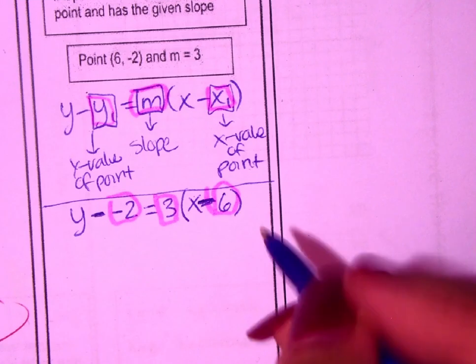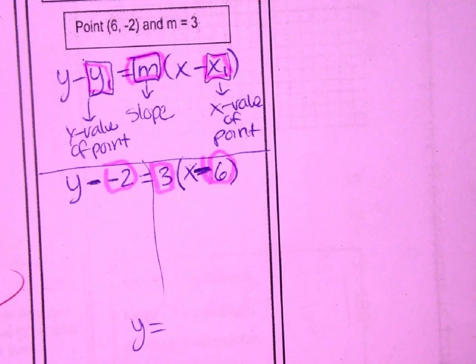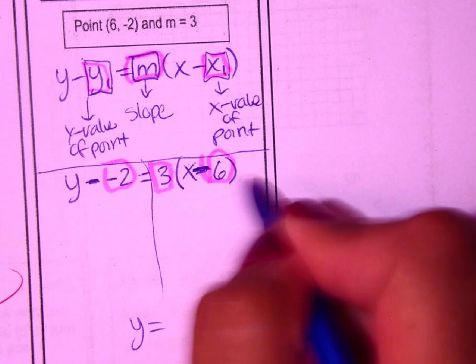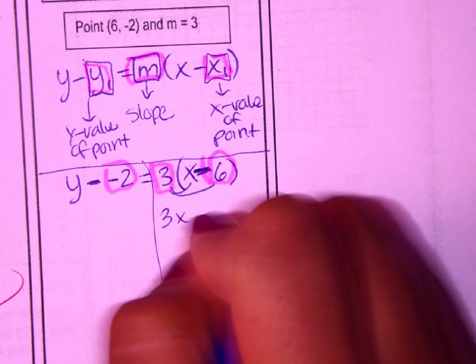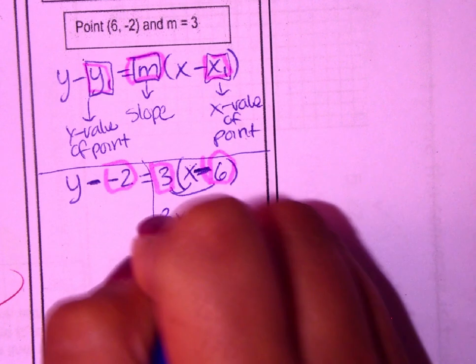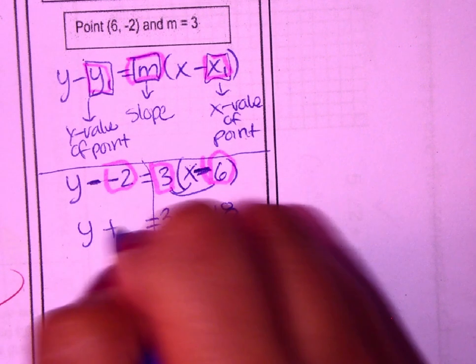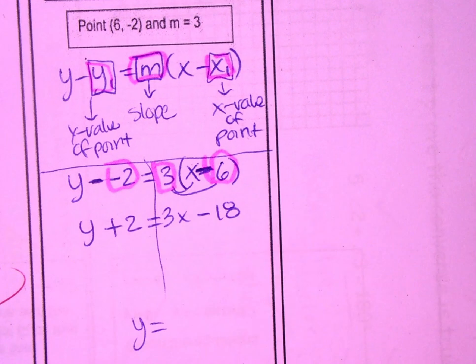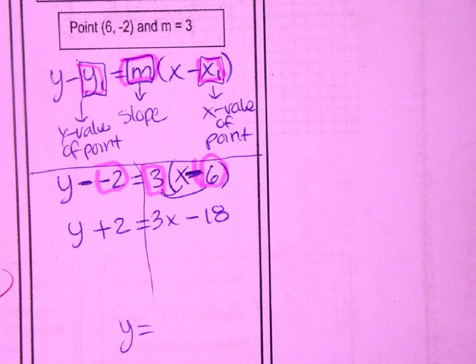To simplify this into slope-intercept form, we need to have a goal of writing it as y equals. So we need to simplify by distributing this 3 inside. We're going to have 3x minus 18. And then, understanding that when it's minus a negative, you actually end up adding. So to get that 2 out of the way and just have the y by itself, we're now going to get rid of that 2.